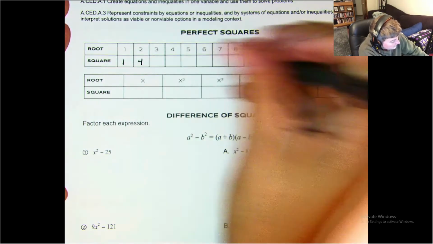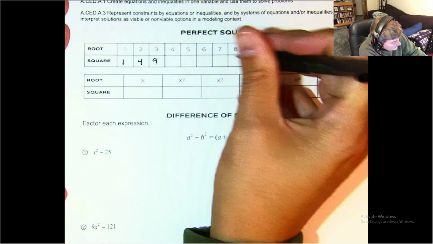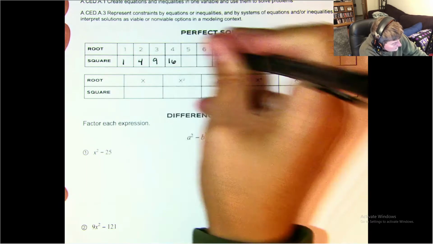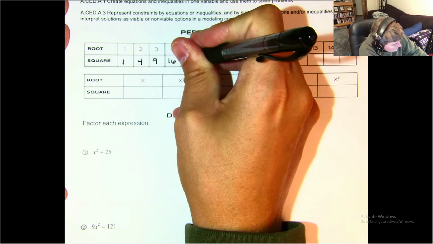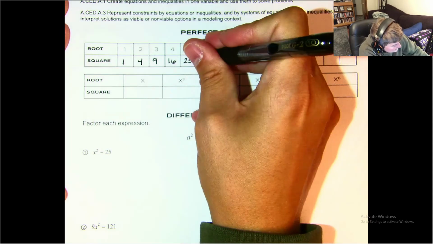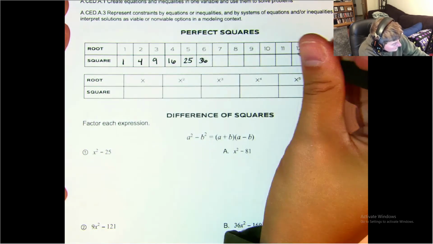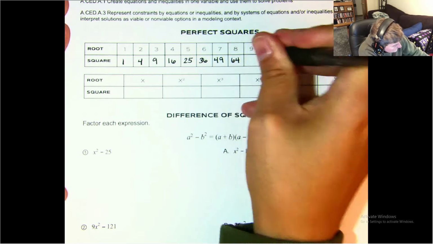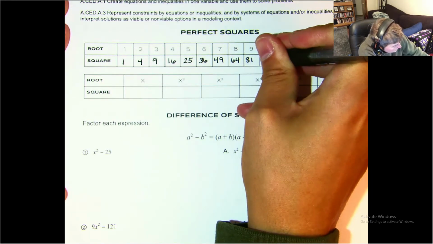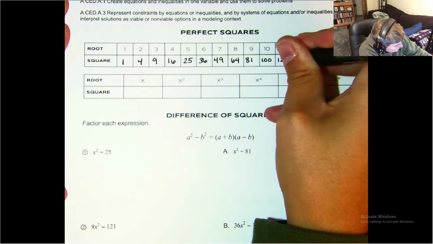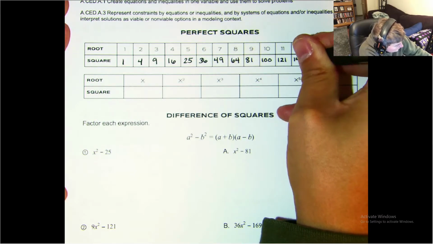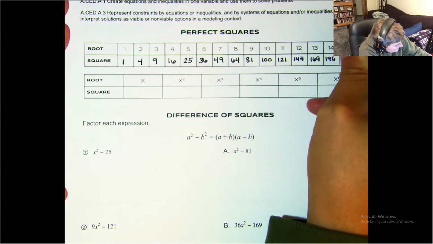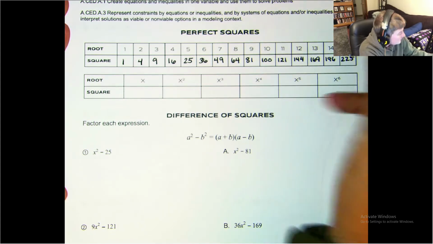Perfect square of 3 would be 9. Perfect square of 4 would be 16. 5 times 5 is 25. 6 times 6 is 36. 7 times 7 is 49. 64. 81. 100. 121. 144. 169. 196, and then 225.